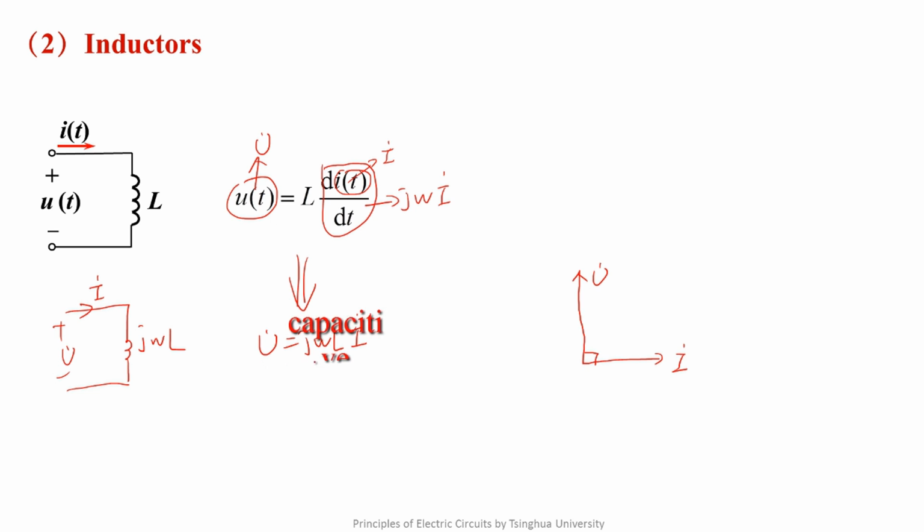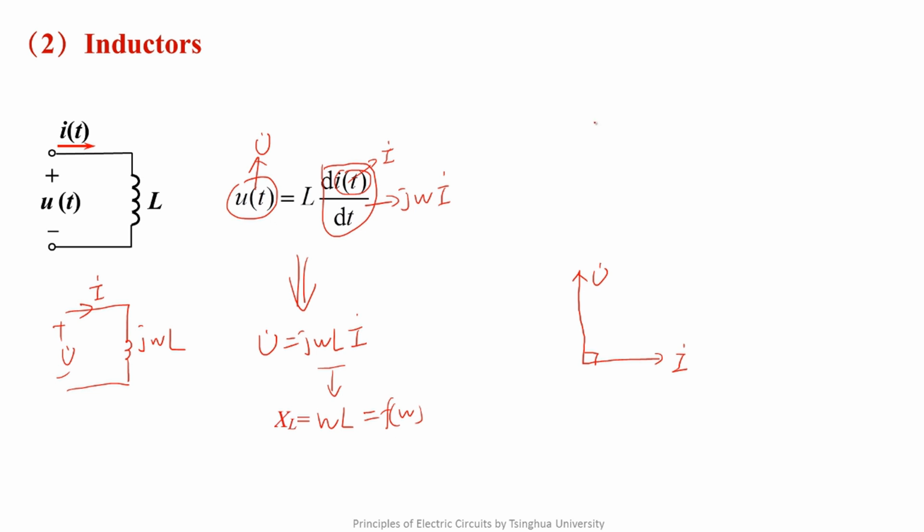Besides, we can find the part of omega L represents the block function of the inductor to the current. In order to differ from the block function of the resistor to the current, we call it reactance. The reactance is caused by inductor, so it's called the inductive reactance. And we can find that the inductive reactance is a function of the angular frequency.